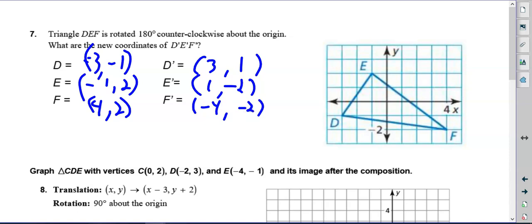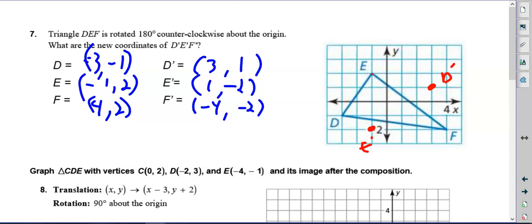So let's plot that. So 3, 1 is going to be right here, right 3 and up 1. That's D prime. 1, -2 is going to be right here. That's E prime. Now be careful. I almost just put E prime up where E is, because I almost went -1, +2.